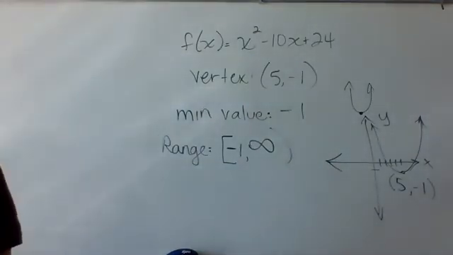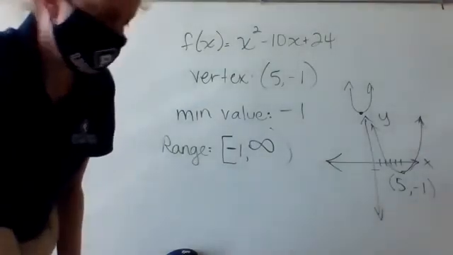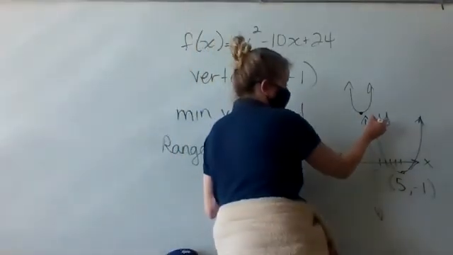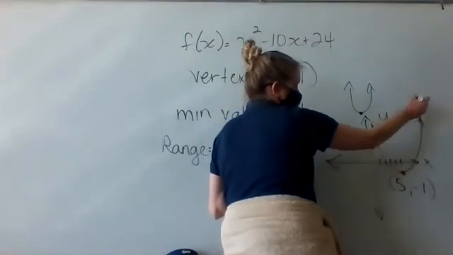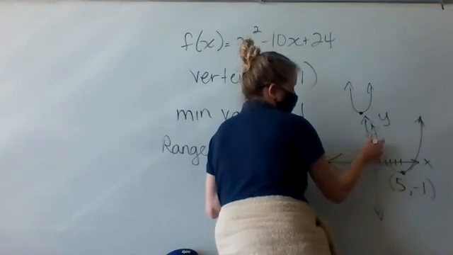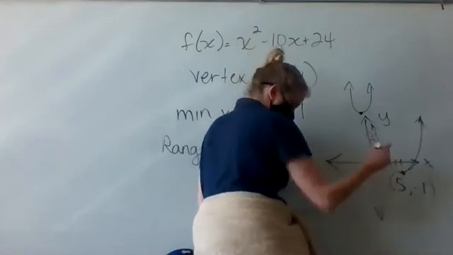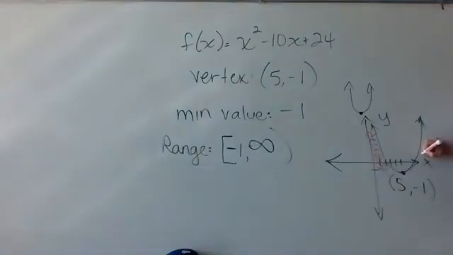All right, and then the increasing and decreasing. So let's label. This side's coming down until it gets to this point, and then it goes up. So this is my decreasing side. And once it gets to the minimum, then it starts increasing.